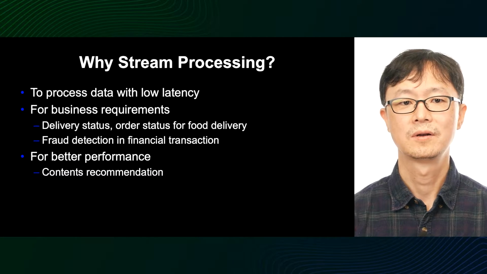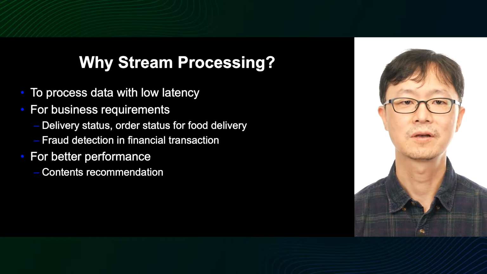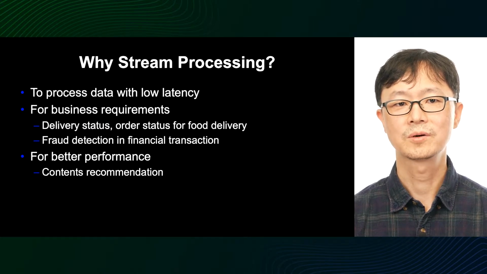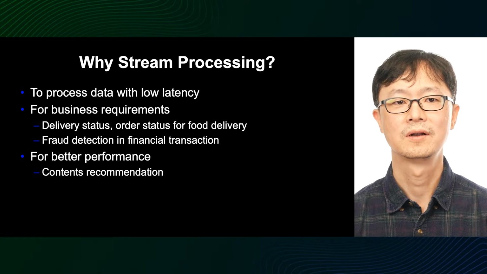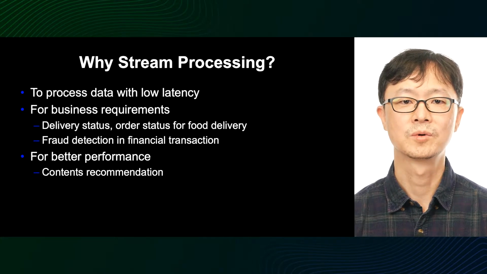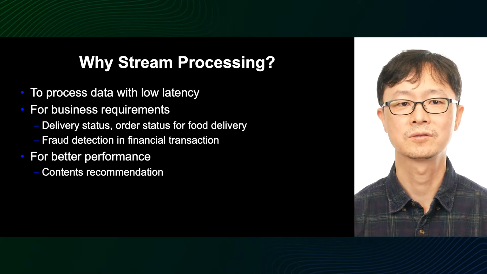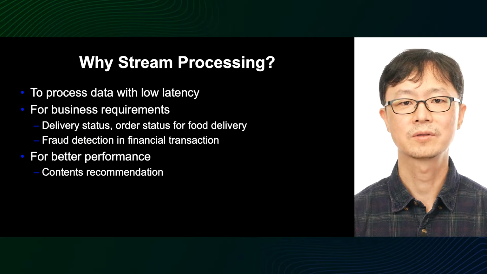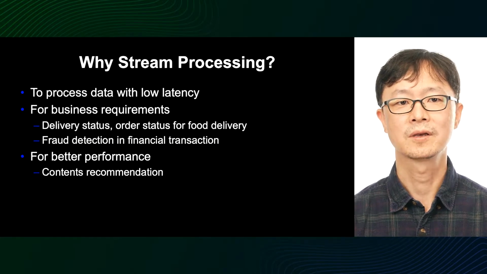Then why is stream processing necessary? It's because we want to process data with low latency. Low latency in data processing is a basic requirement for certain business sectors. For instance, in the food delivery business, the delivery status and order status must be up to date, and for financial transactions, you need low latency in order to detect fraudulent transactions.